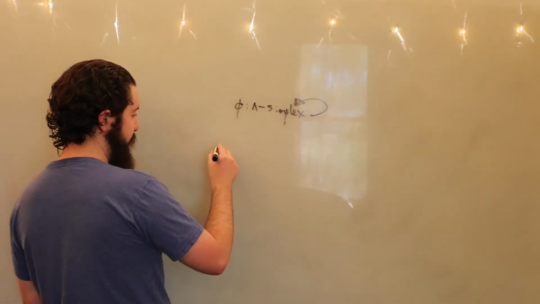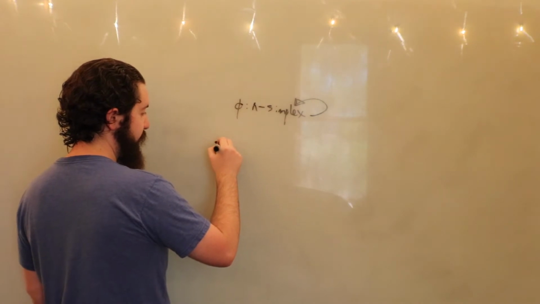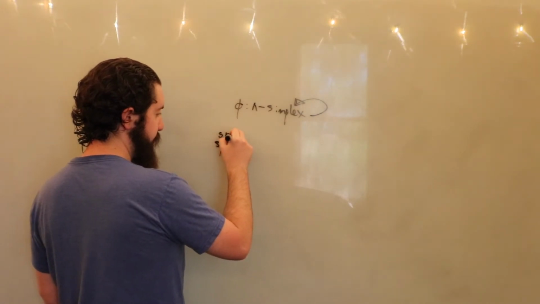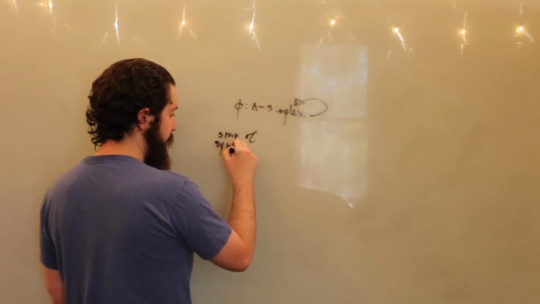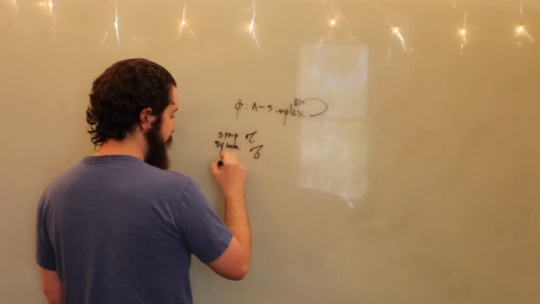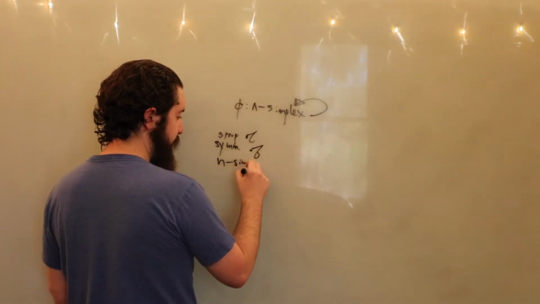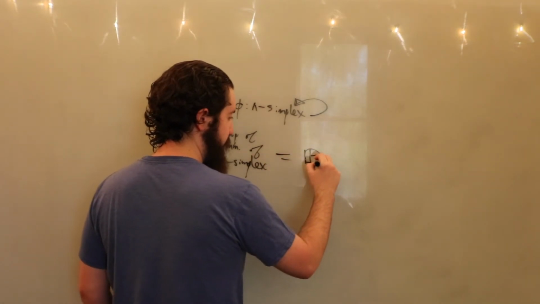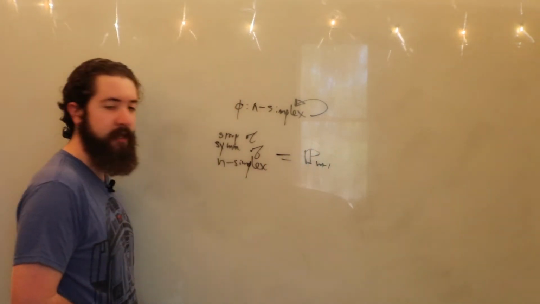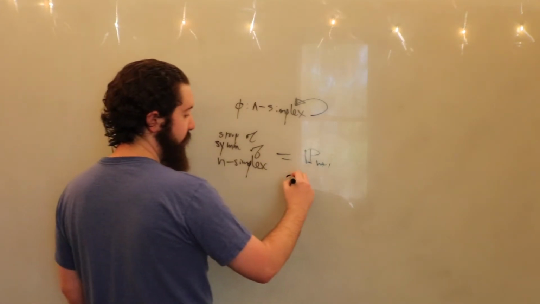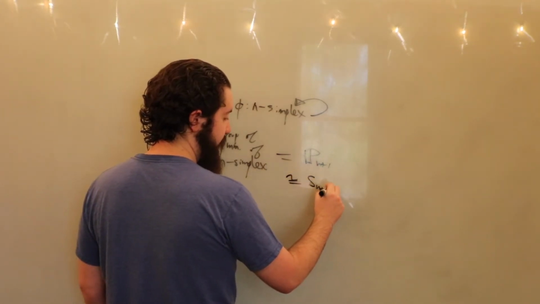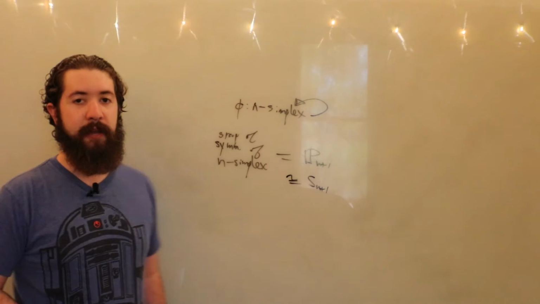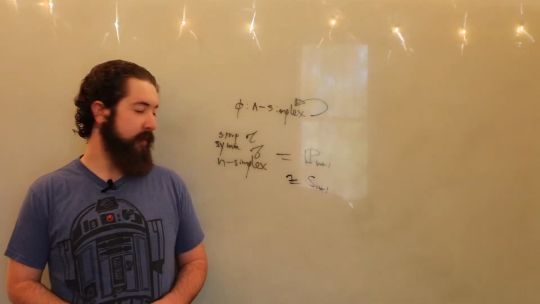So pay attention here. The group of symmetries of the n simplex is P sub n+1. And this means that up to isomorphism, it is the symmetric group on n+1 symbols.